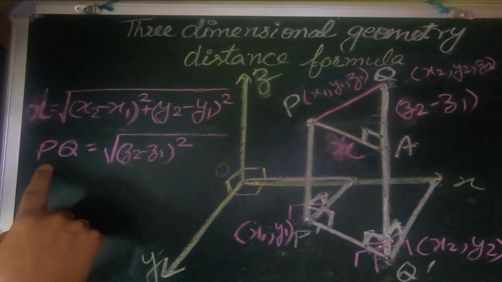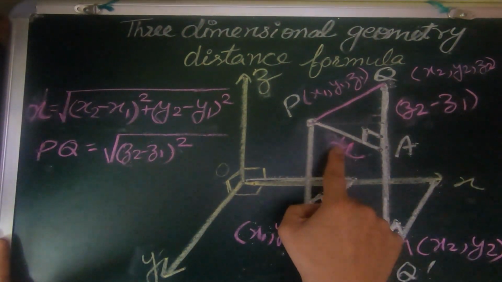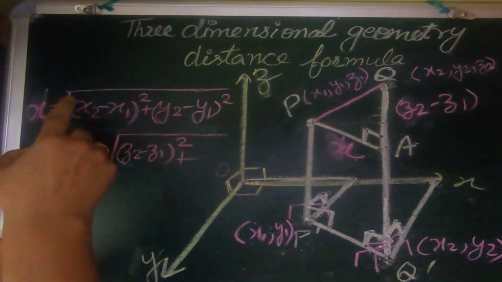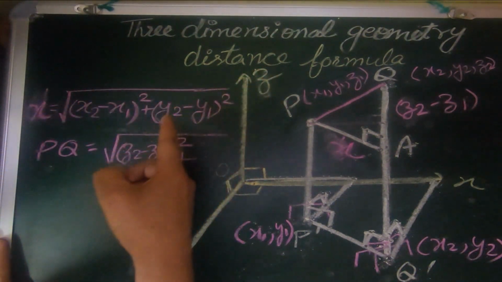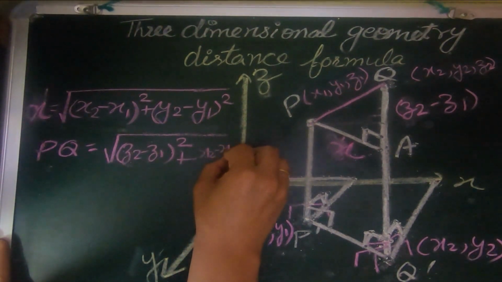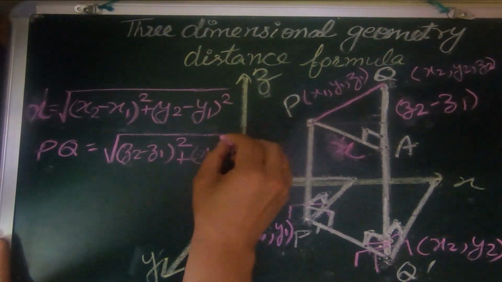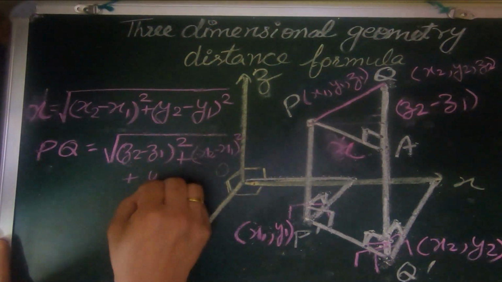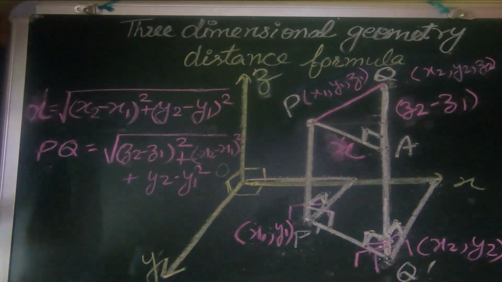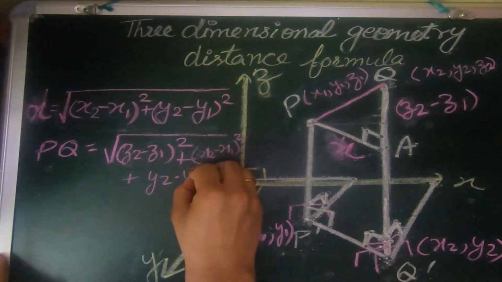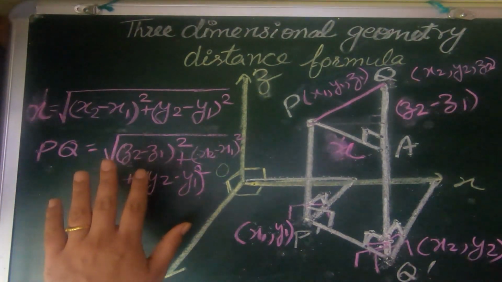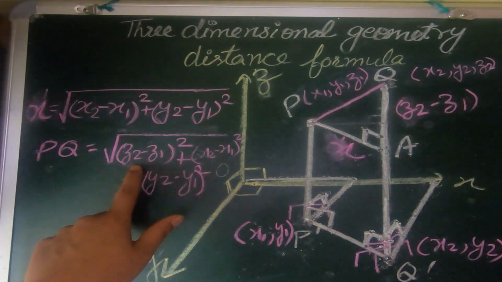So PQ is this square plus this square, and you know what is the square of this? Root will cancel out with square, and this will actually become x2 minus x1 whole square plus y2 minus y1 whole square. Got it? So here you can see this formula is just similar to the old formula, just we have the third coordinate here, so this got entered here.